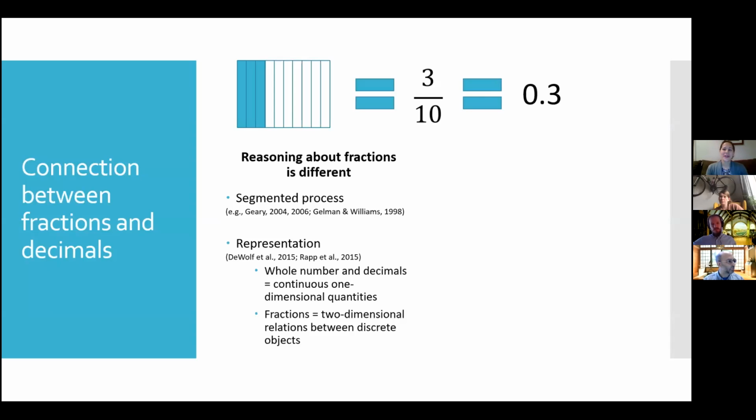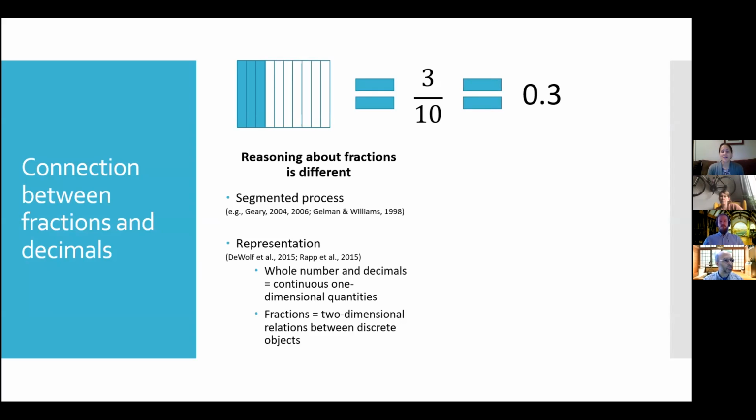Historically, reasoning about fractions versus whole numbers or decimals may have been viewed as different, separate processes, with fractions being less intuitive and harder than more continuous magnitudes. Work by D. Wolf looked at representations of whole numbers, fractions, and decimals.